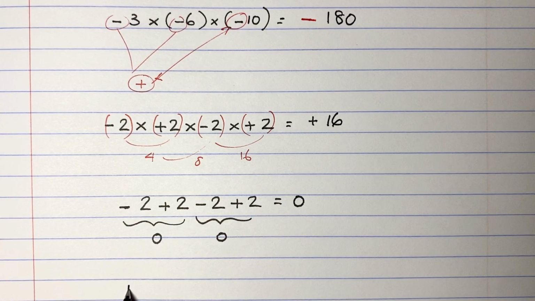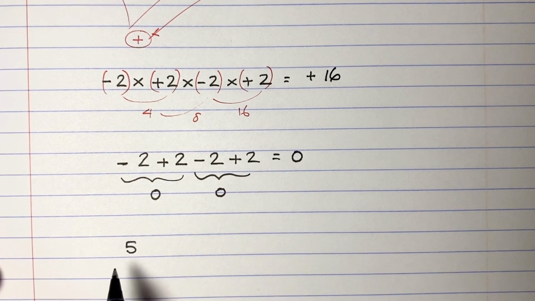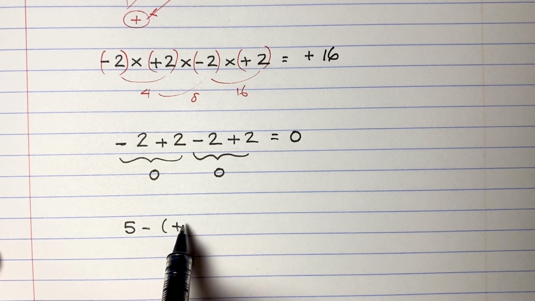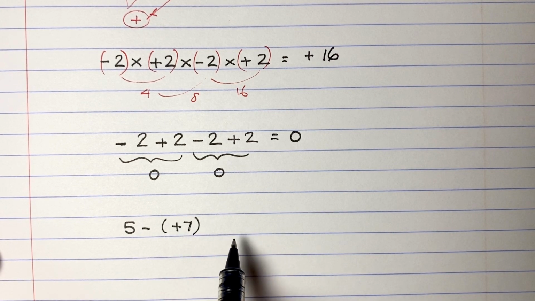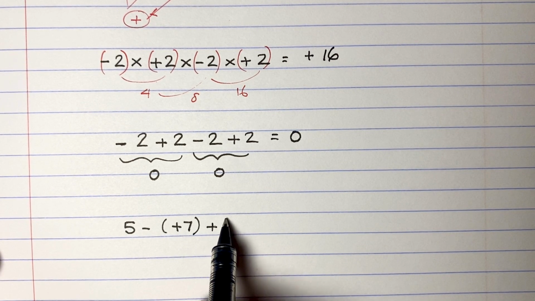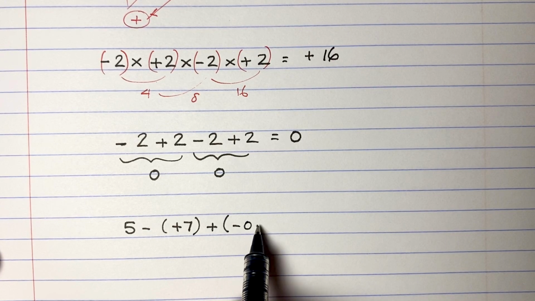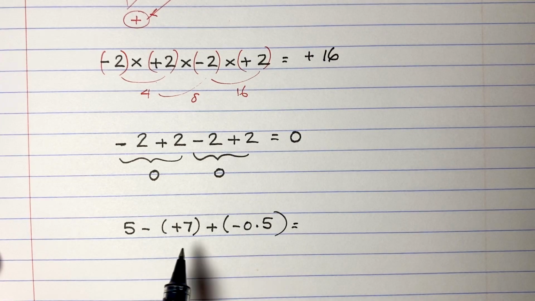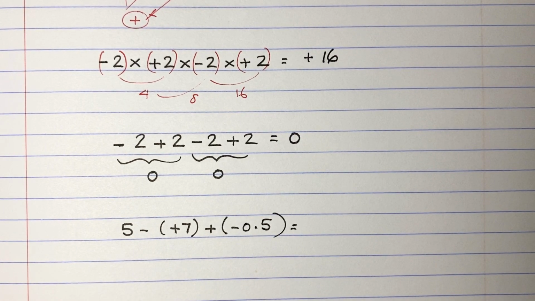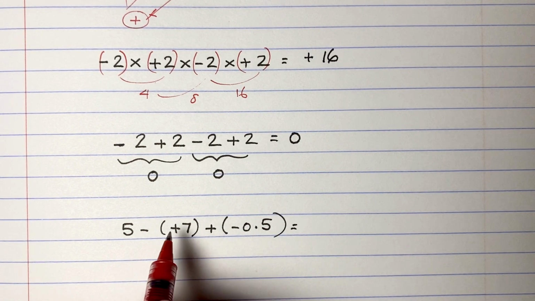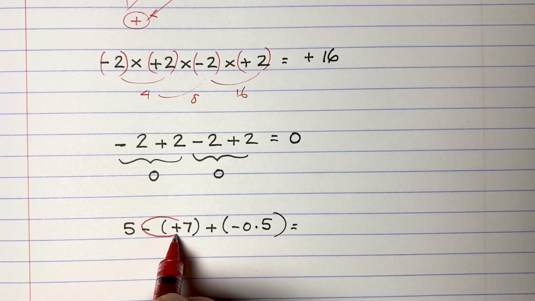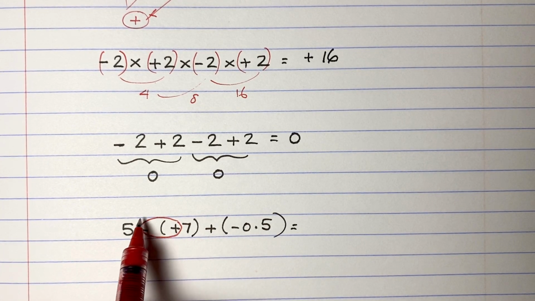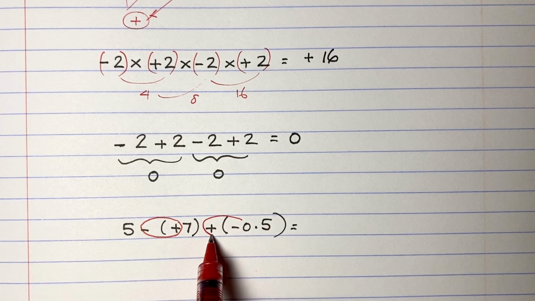Another one. 5 minus positive 7 inside bracket plus minus 0.5 inside the bracket. There is no times between the numbers, but there's times between the signs.